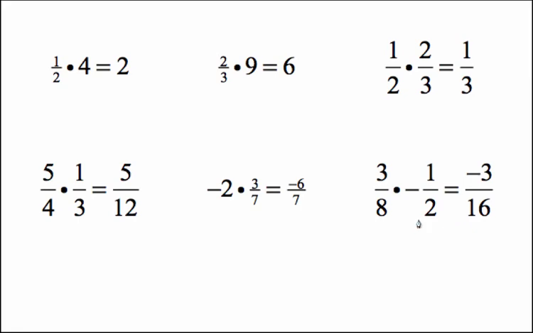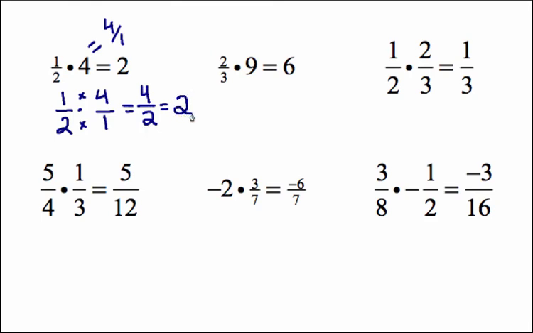You may have already noticed this, but if you didn't, I want to make sure that you know it now. So 1/2 times 4 can be written as 1/2 times 4 over 1, because 4 is equal to 4 divided by 1. If we multiply the numerators, we get 4, and if we multiply the denominators, we get 2. 4 over 2 is the same as 2 over 1, or just 2.